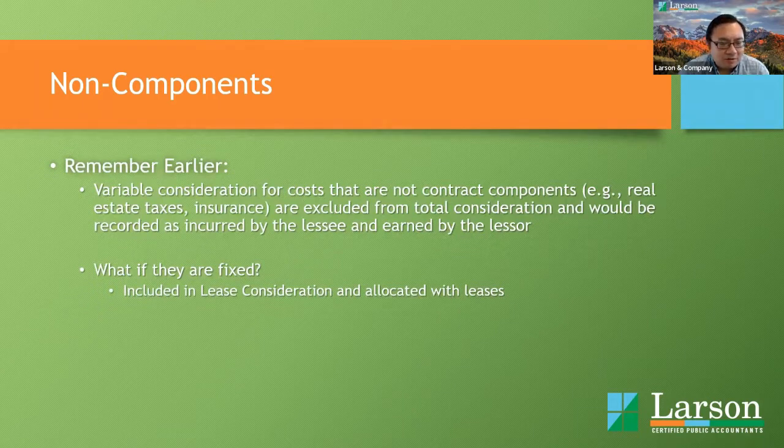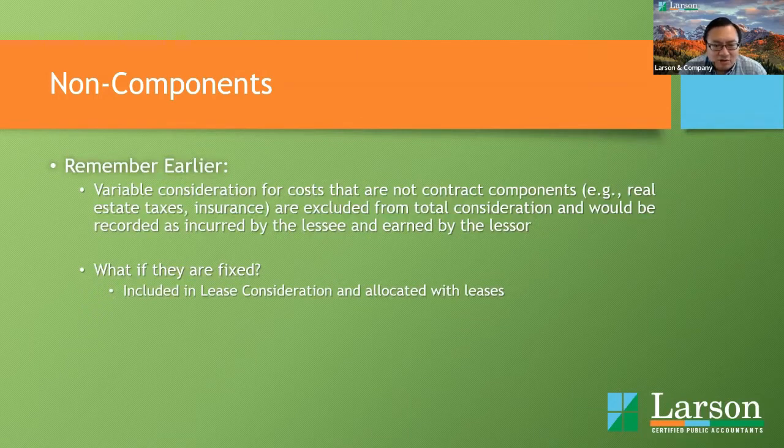So we'll understand how these will be accounted for. One thing to remind you as we go through this explanation for non-components is that if there are variable considerations for costs that are not contract components, they're excluded from total consideration and will just be recorded as incurred. So if there's a non-component, meaning those real estate taxes or insurance are variable, you can disregard it and just record it as you incur it.